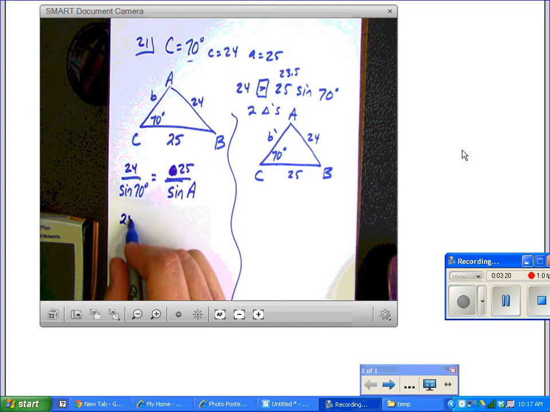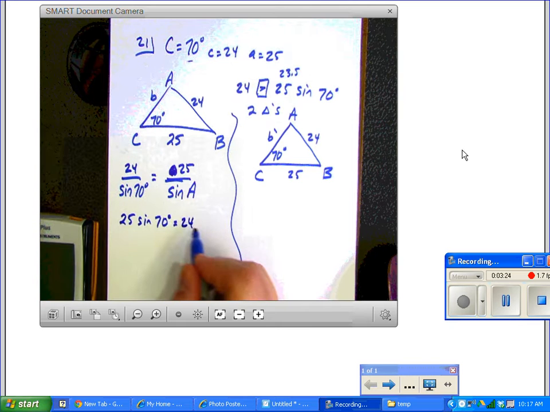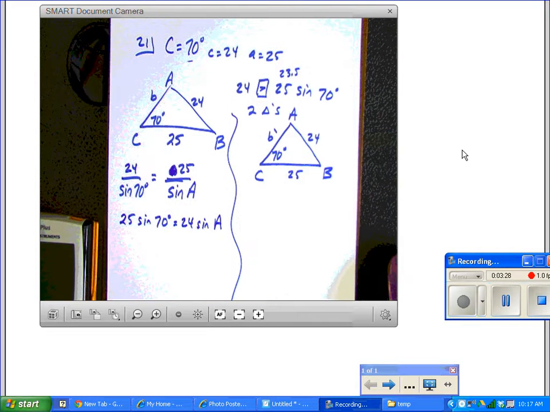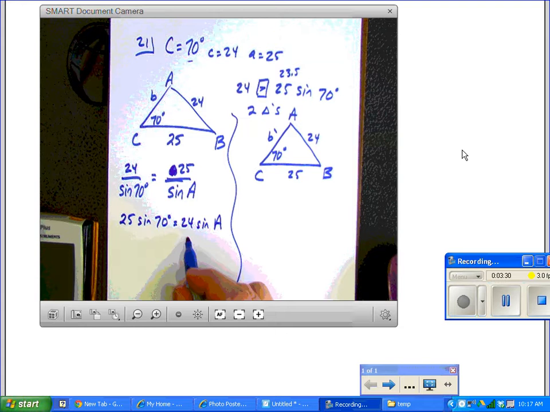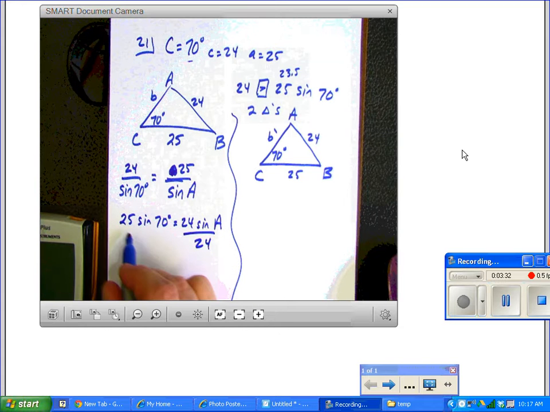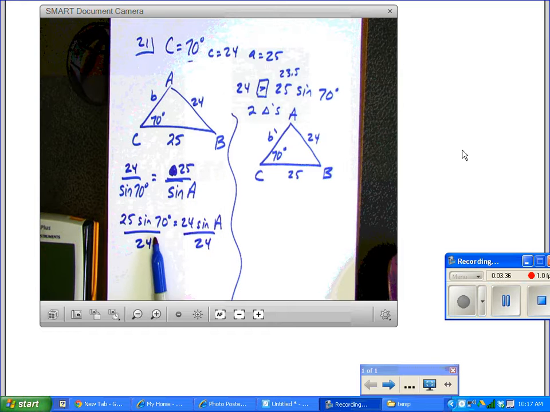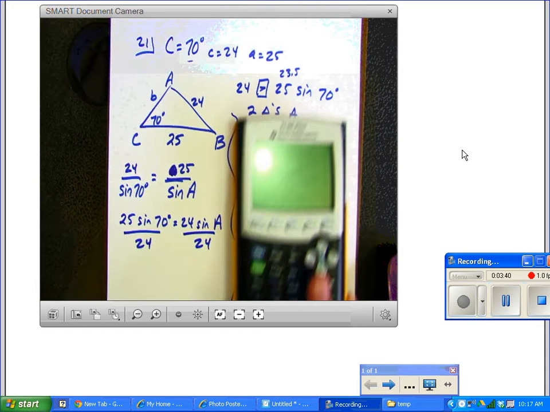So we get 25 times sine 70 equals 24 times sine A. Let's get rid of the 24. That leaves sine A as this number, and I can take the inverse sine of what I get there, and that'll give me the angle.